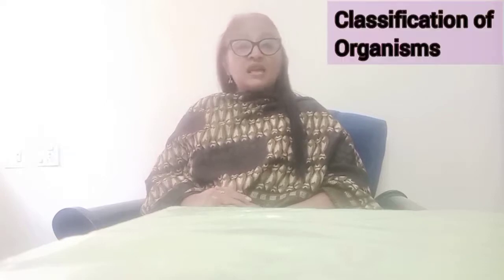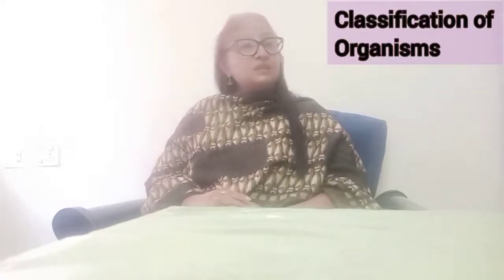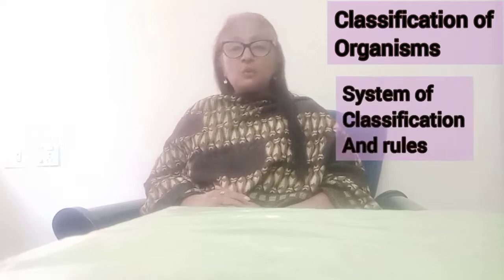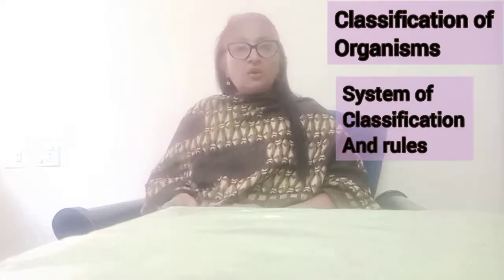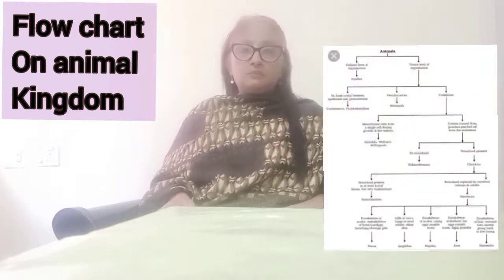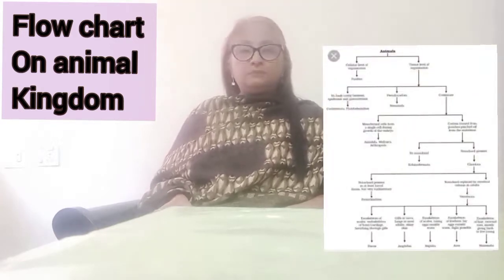Diversity in Living Organisms. Today I will be explaining to you about classification and the system of classification, the rules that we follow, and also the flow chart explaining the animal kingdom.